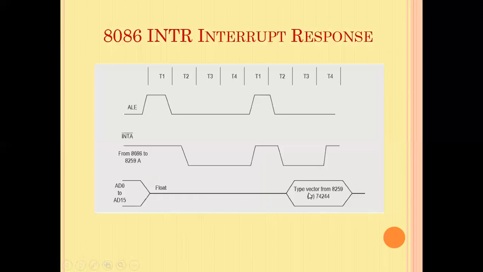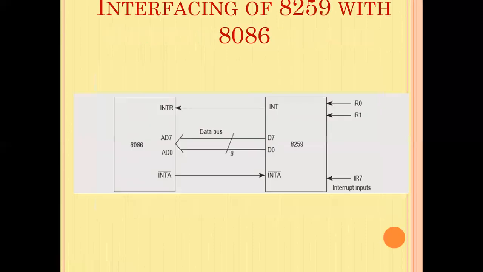At that time, a type vector from the 8259A is known by the CPU, and accordingly it gets the address of the ISR. If it gets the ISR, it is going to service it. And in this way, 8086 is interfaced with the 8259 interrupt controller.